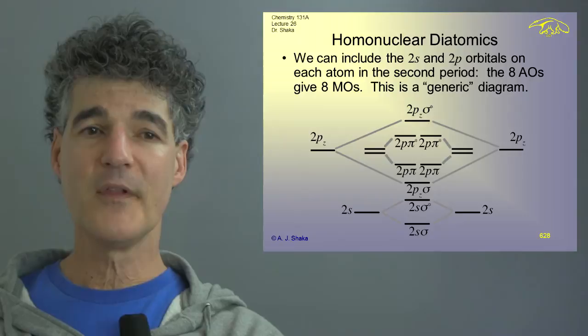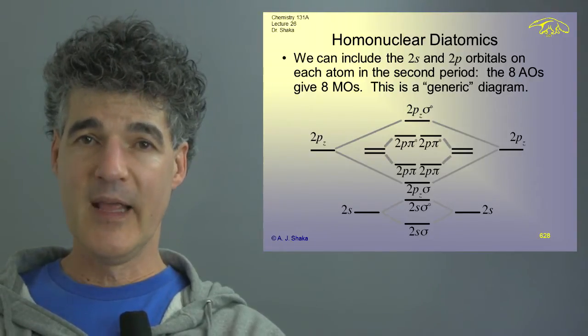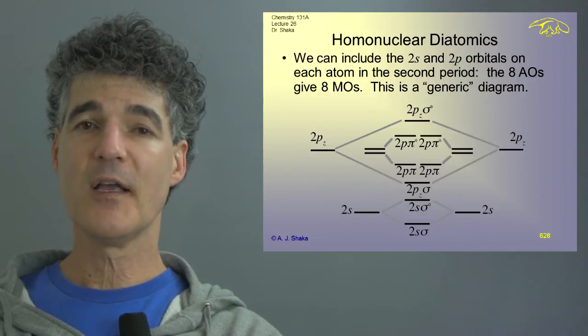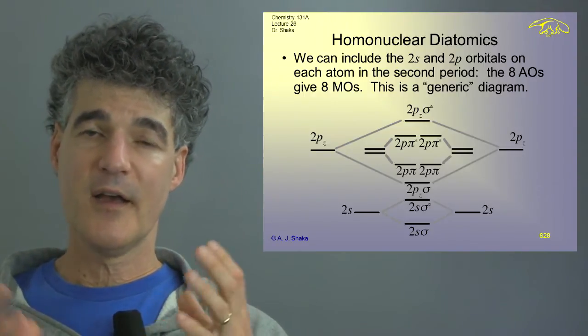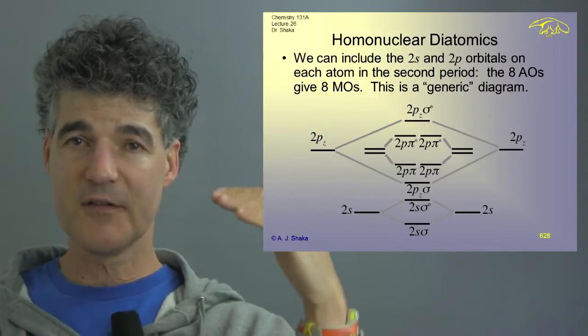So let's include here the 2s and 2p orbitals, and the 2p are higher in energy, and if we're talking about a diatomic with 2 equal atoms, then the energies are the same.